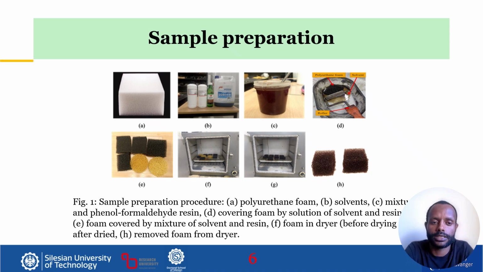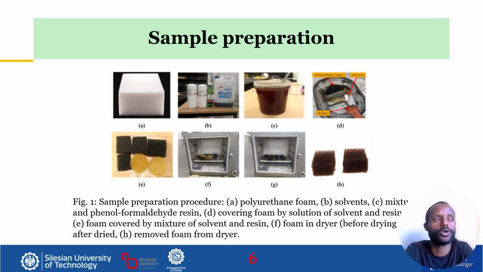Here, this slide tells us about the sample preparation stage. We used polyurethane foam as a template, and we covered this polyurethane foam with a solution of phenolformaldehyde and different alcohols, which are methanol, acetone, and ethanol.